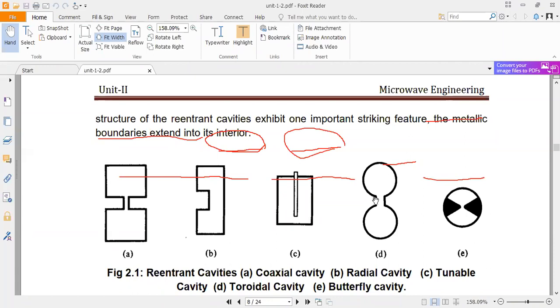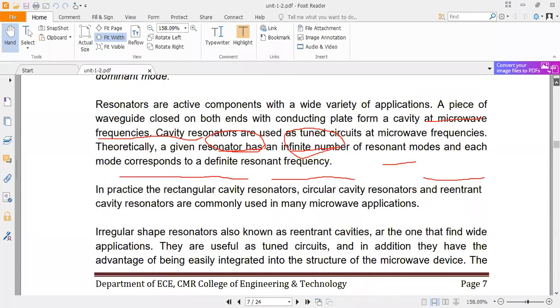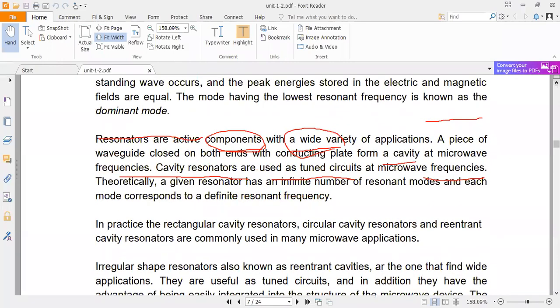The cavity resonator stores electromagnetic energy, which is represented by equivalent inductance and capacitance. When the impressed frequency is equal to the resonant frequency, you are going to get maximum output. That is the advantage.